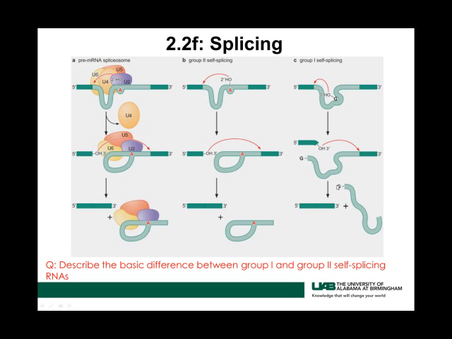There's no lariat formed because this G is not part of this. If it were a part of this intron, there would be a lariat right here, but it's not. Okay? And then the next phosphodiester bond, transesterification process occurs between the 3' OH of the first exon with the 5' phosphate of the next exon, thus forming the two exons in one unit right here.